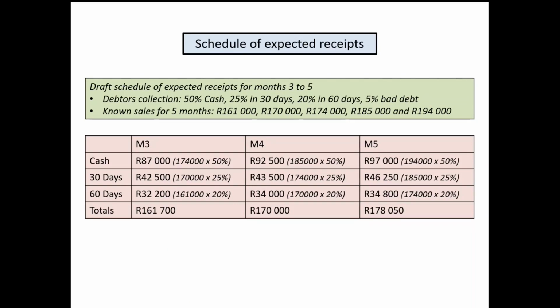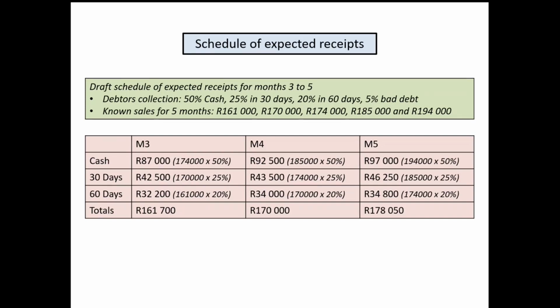What about the sales 2 months prior to that? Because remember, 20% of the people are paying in 60 days. Well, you take that sales, the 170,000, you multiply it with 20% or divide by 5, whichever way you want to do it. You get to 34,000, and when you add that up, you see that your total cash inflow for month 4 is going to be 170,000.